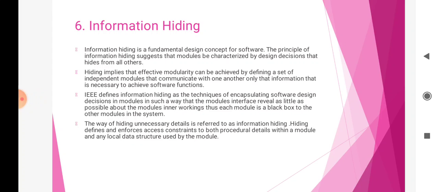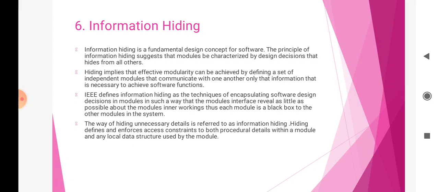Hiding implies that effective modularity can be achieved by defining a set of independent modules that communicate with one another only that information which is necessary to achieve software functions.